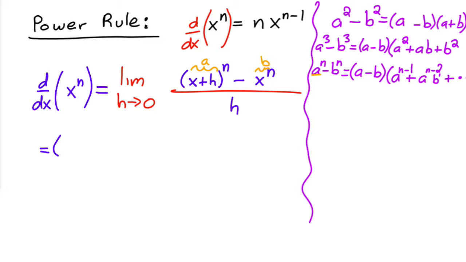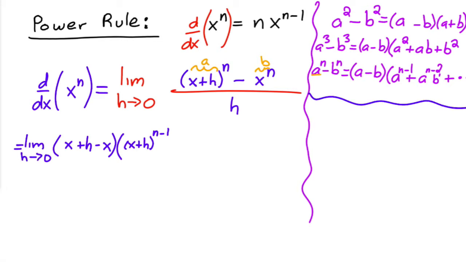So then what we're going to have is a minus b, so that's x plus h minus x, times (x plus h) to the n minus 1. And also, I forgot here, this is the limit as h approaches 0.